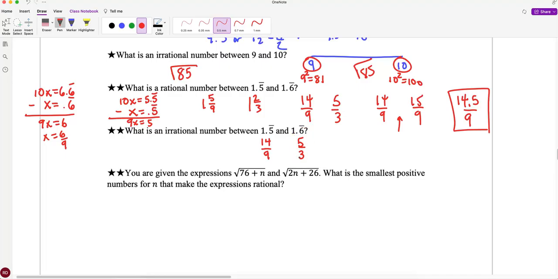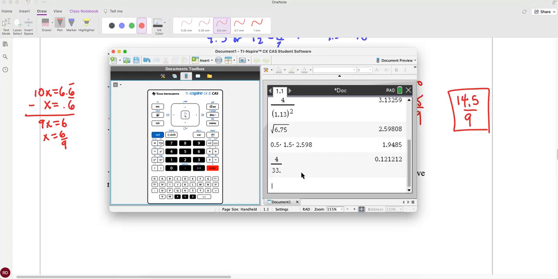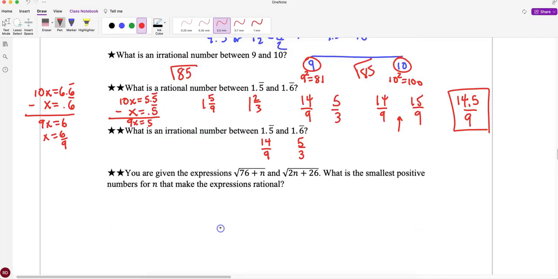So if I square these numbers, 14 squared is 196, so when I square them, it's 196 over 81. Square the other one, and you get 25 over 9. Okay. So I just need a number that's in between these and take the square root.